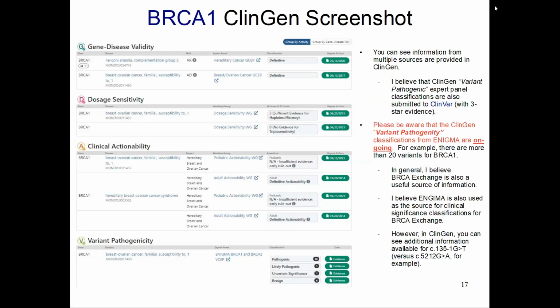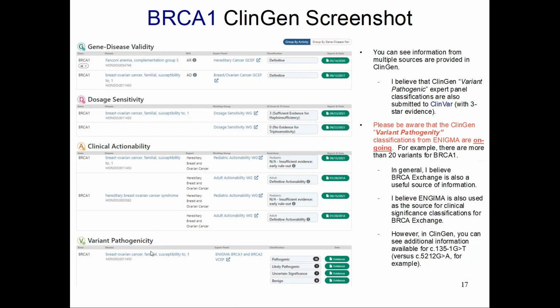And so BRCA1 is a gene that some people may be familiar with, and that it can have variants that can increase your risk of breast cancer. And in general, this hopefully gives you a sense of what ClinGen is supposed to do. So you've got different types of information that can be provided for this gene. And the one I'm going to focus on is this variant pathogenicity.